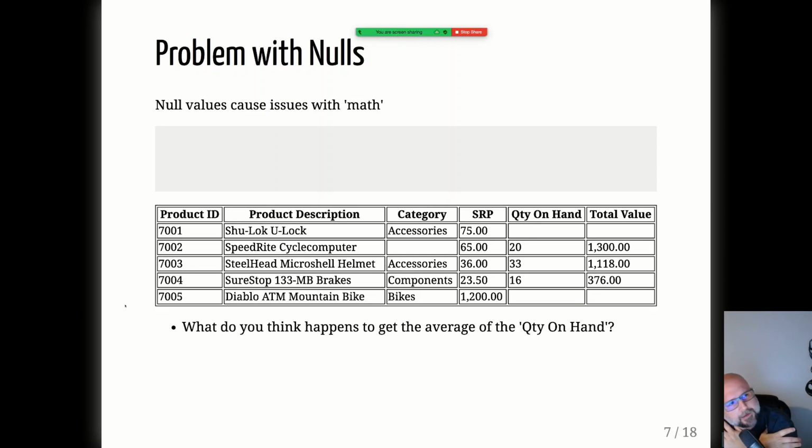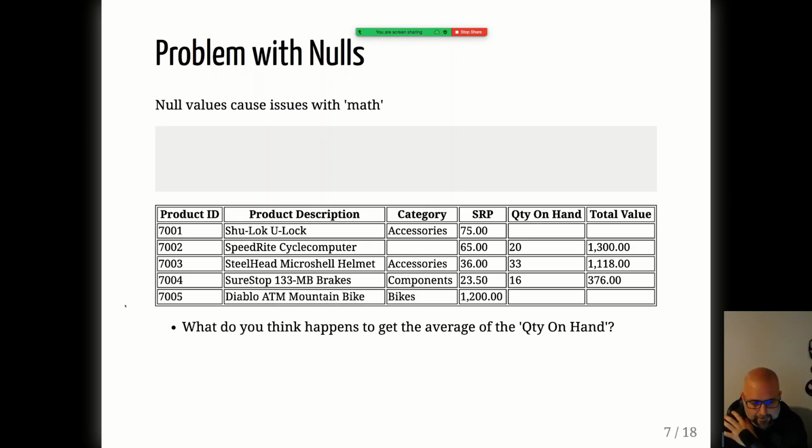I don't know if a database would actually give you an error code. I think it would just give you a null, at least in Postgres. But in the theory of databases, we're not into database implementations yet. In theory, you can't add 3 plus null because it's not a value. It is not 0. 3 plus 0 is 3, but 3 plus null is null because it's not a value.